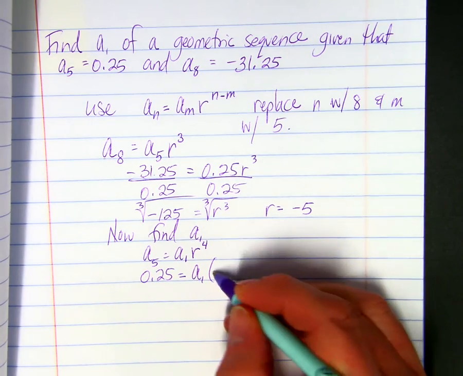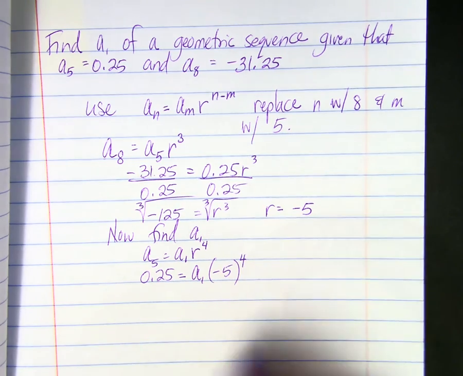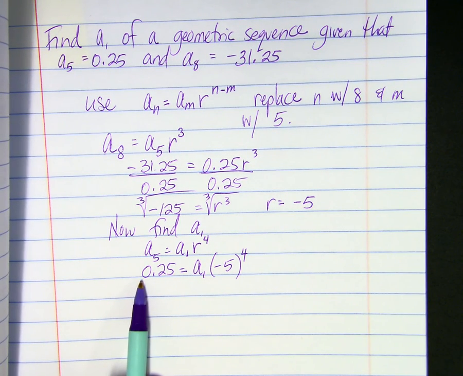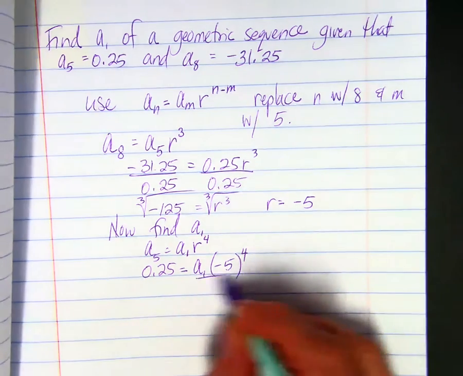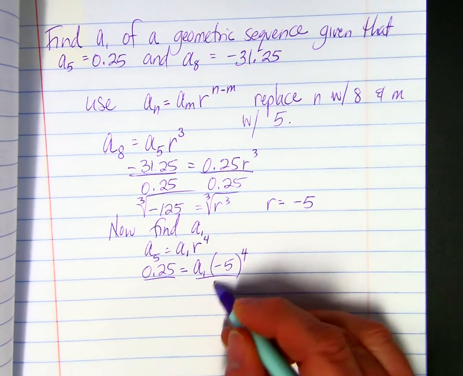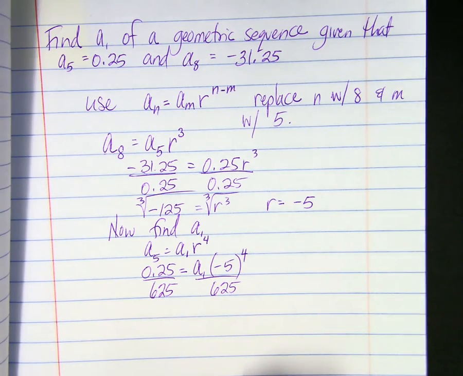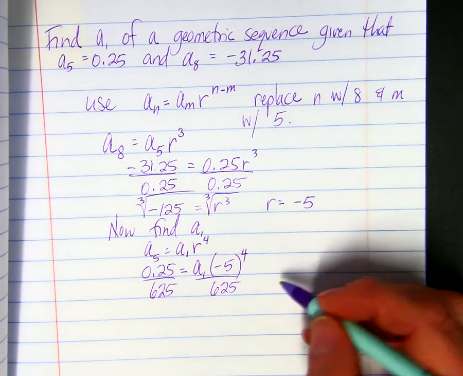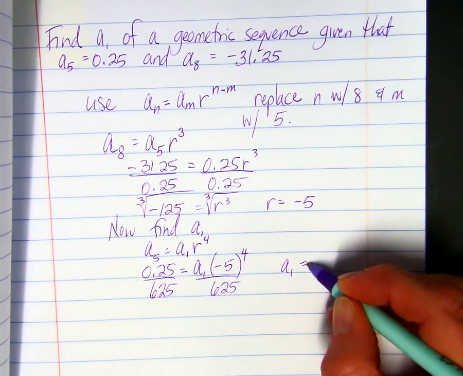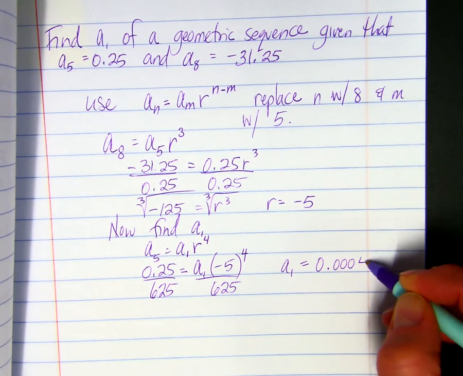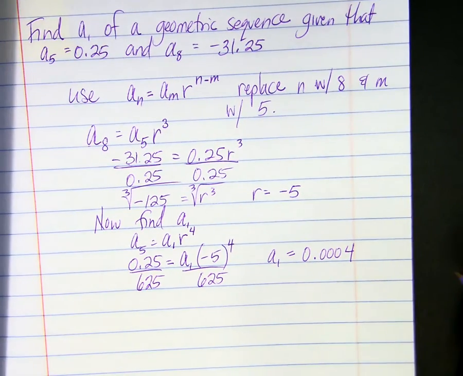Our ratio was negative 5 to the 4th power. So we just do 0.25 divided by 625. So a sub 1 equals 4 10,000ths.